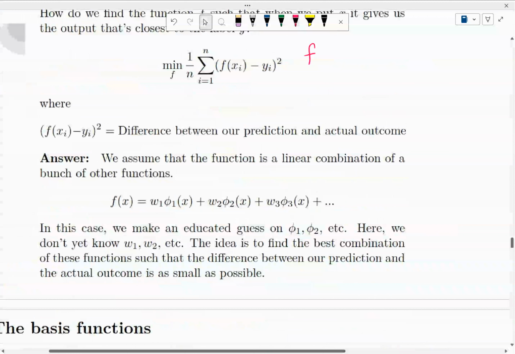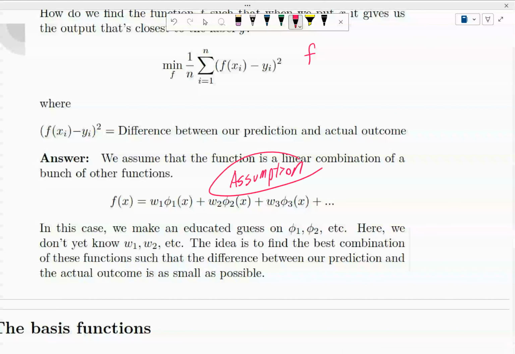So this function is a combination of phi 1, phi 2, phi 3, and so on. This is an assumption. It's not necessarily true, and therefore, depending on the assumption you make, you can have a very good function or you can have a very bad function.